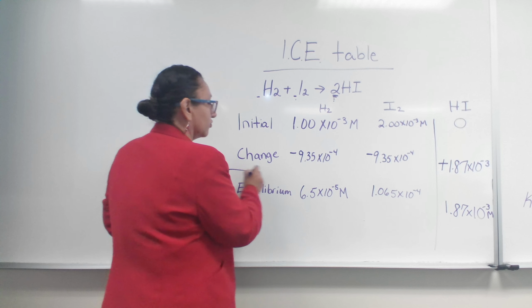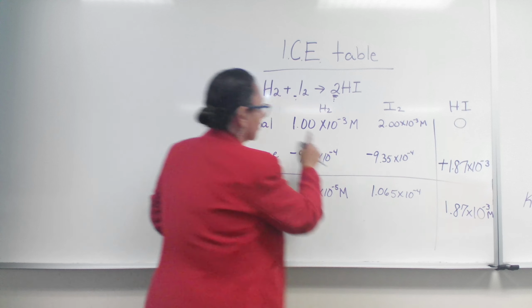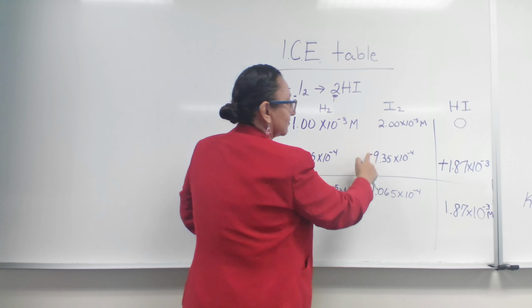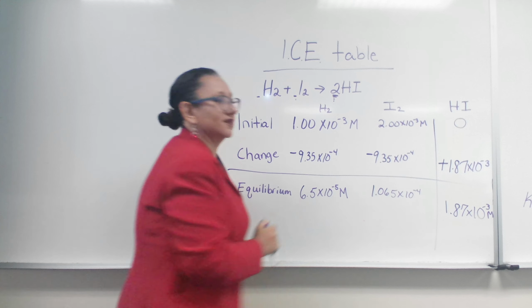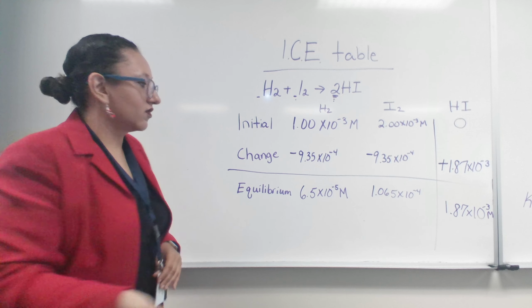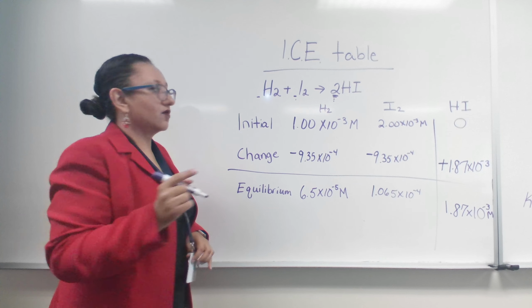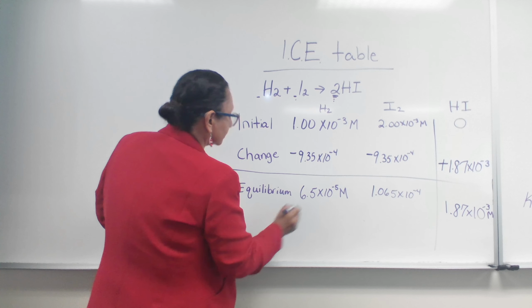We actually go through and do the math. This minus this equals this. This minus this equals this. And now we have our equilibrium concentrations, so that we can plug them into Kc.